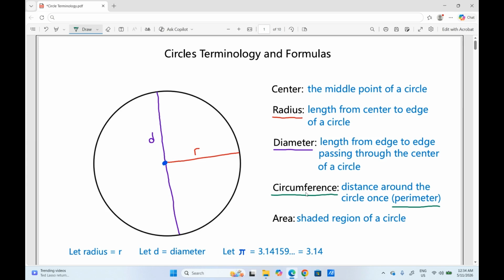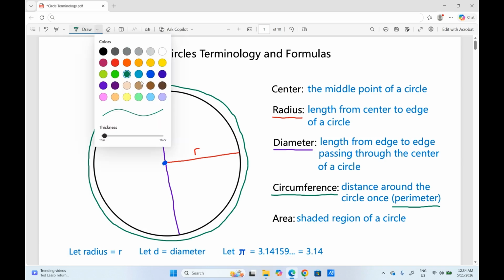But just because it's a circle, it has a fancy name called circumference. So I would just go all the way around the circle, and that would be known as my circumference there. And of course, this green line should be where the black is. I just showed it on the outside for a better visual.